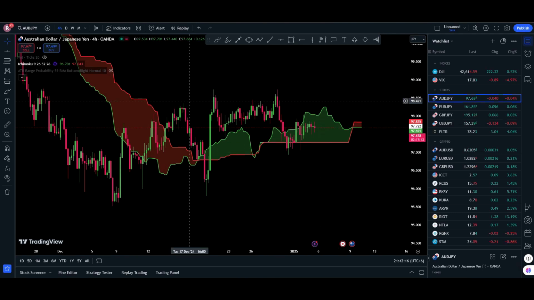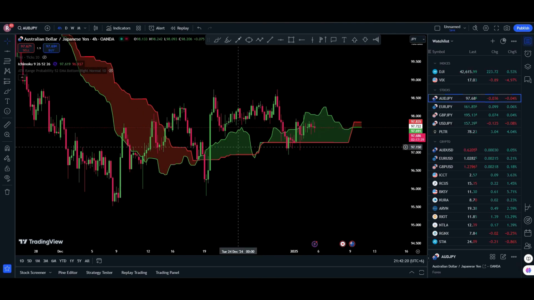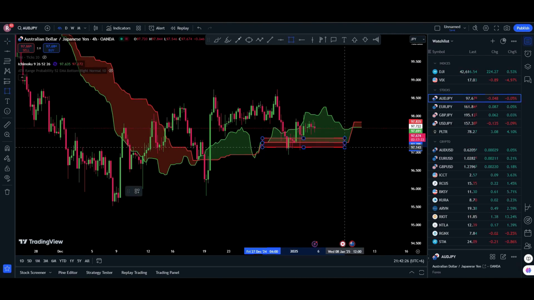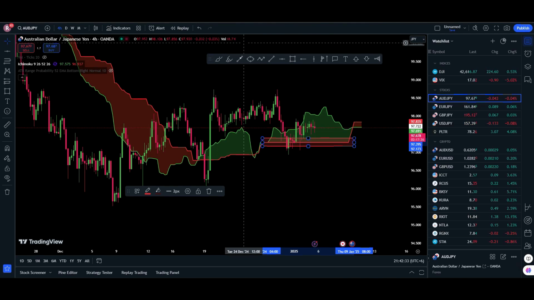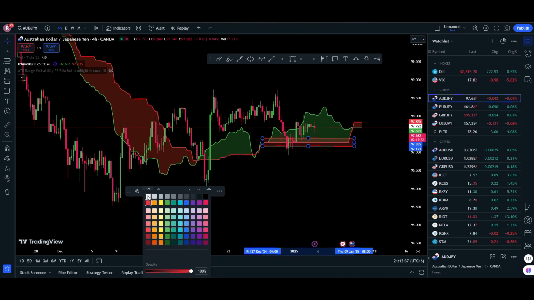So this is AUD, Aussie dollar, and Japanese yen. You can see there is a very straight line in red. Let me change the rectangle color.